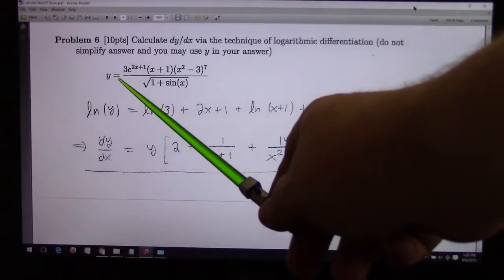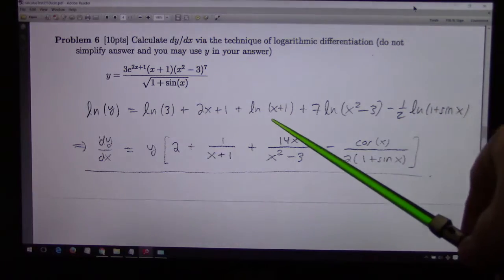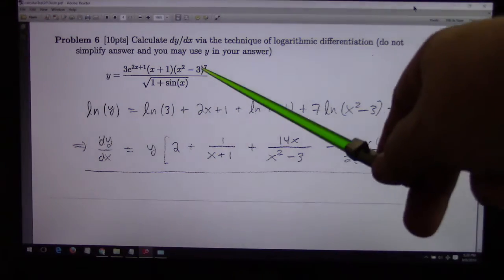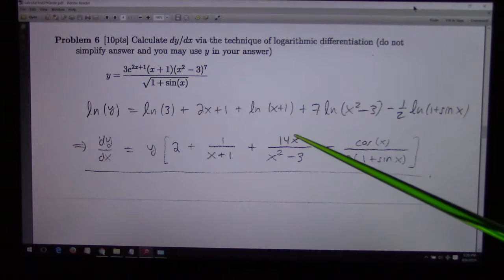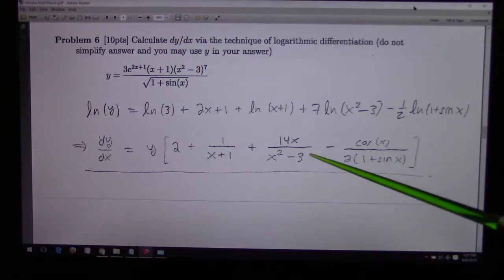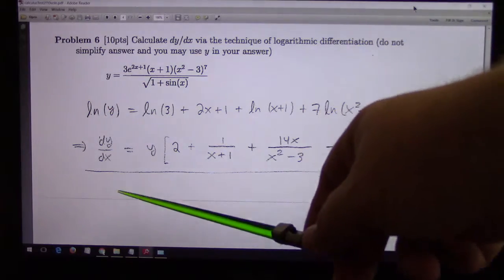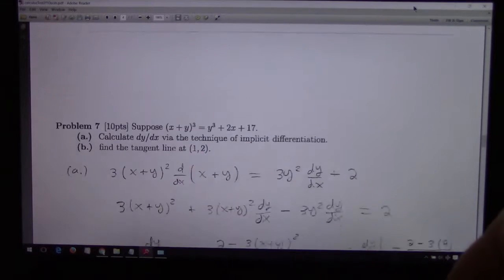But in short, you just take the natural log of some complicated expression like this and use properties of logs to simplify, like this. And then it's easy to differentiate these because the derivative of a log works out, and so it gives you this, and then you just multiply both. And then this differentiates to 1 over y dy dx, so when you multiply both sides by y, you get that. So this is logarithmic differentiation.